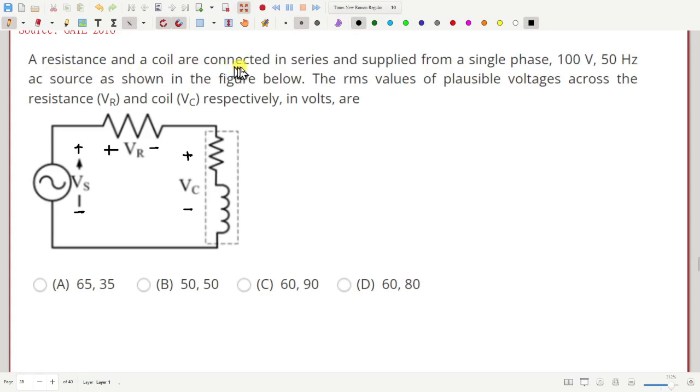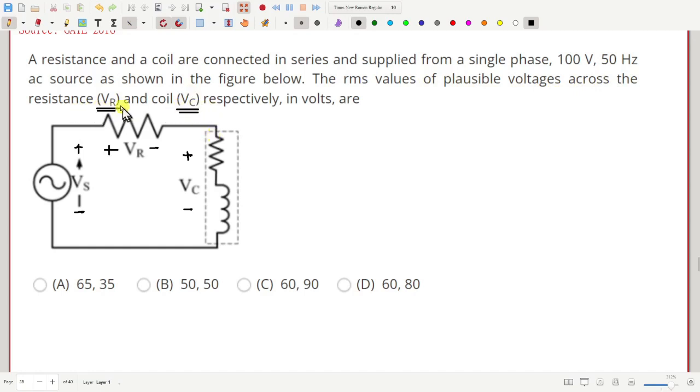A resistance and a coil are connected in series, and the supply voltage is 100 volt, 50 hertz. What are the possible RMS values across the resistance VR and across the coil VC?